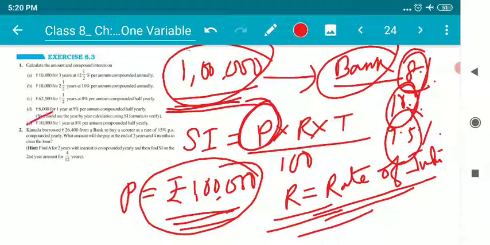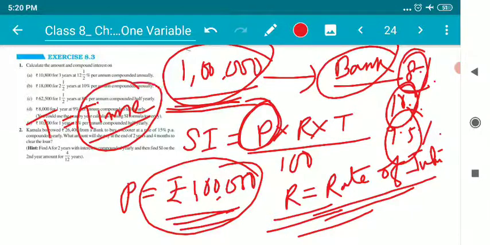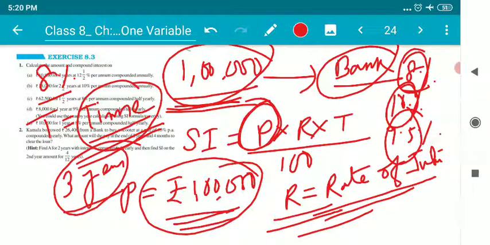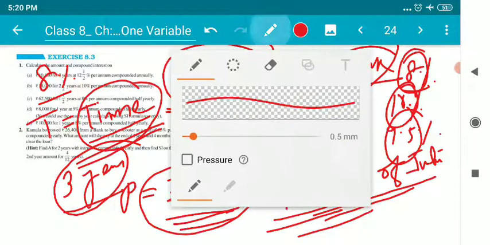Now, what is T? T means the time period after which I have to return the amount taken from the bank. It depends on the dealings between the customer, like myself, and the bank official. So suppose I want to take a loan of rupees 1 lakh, the rate of interest is 8%, and I assured that I'll be returning the amount after 3 years. The interest will be calculated in this way, children.